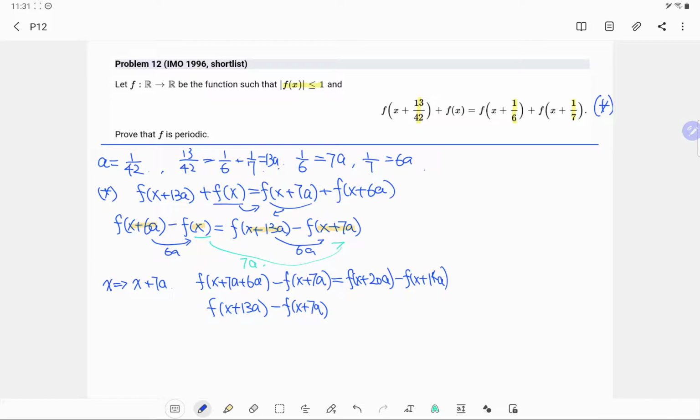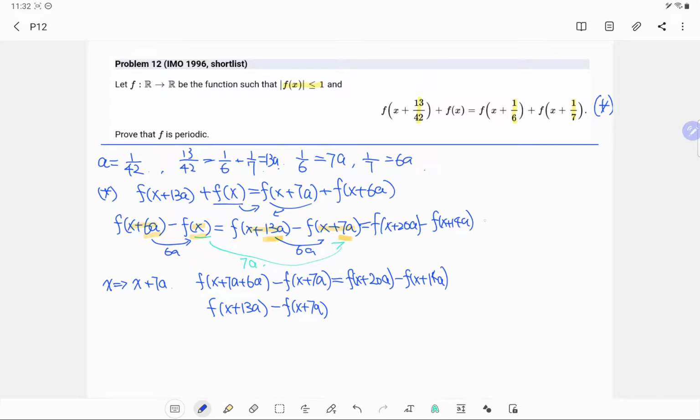Which means that we can simply add 7, and then this one becomes f(x + 20a) - f(x + 14a).